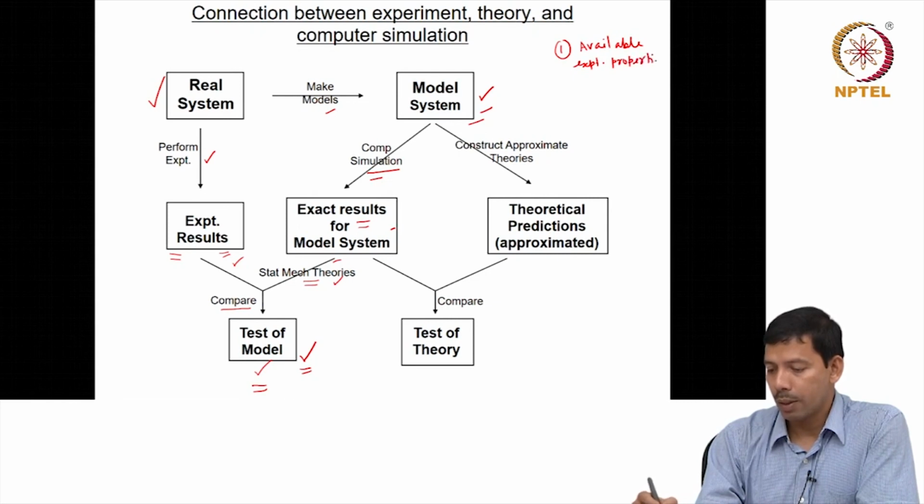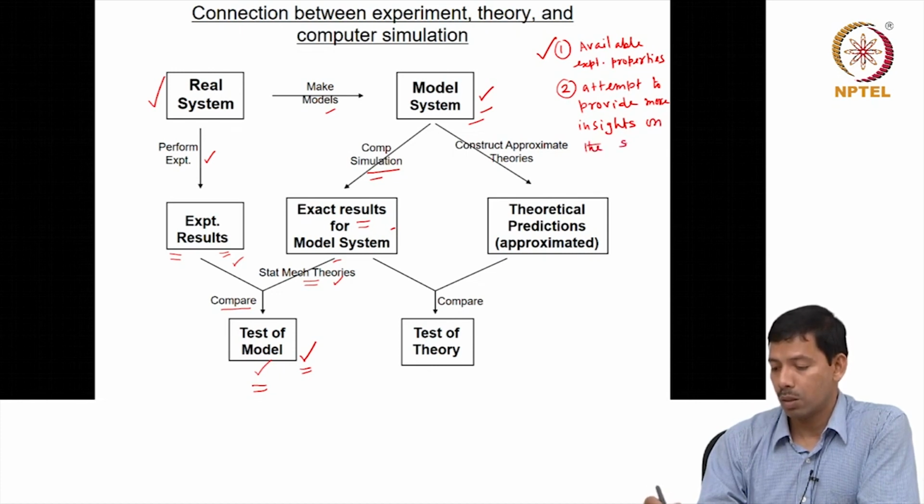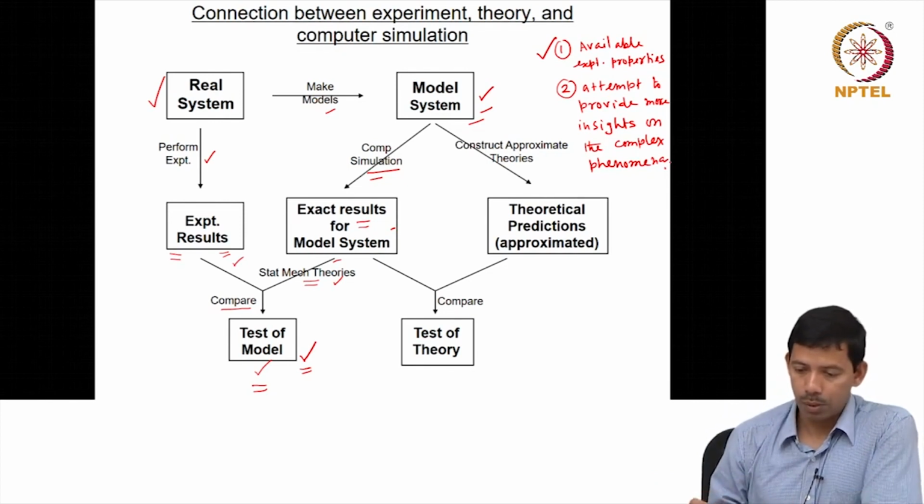Once you see that they are matching pretty well, in the next step you can attempt to provide more insights on the complex systems or phenomena which were difficult to obtain experimentally. So, that is the robustness of the computer simulation technique.